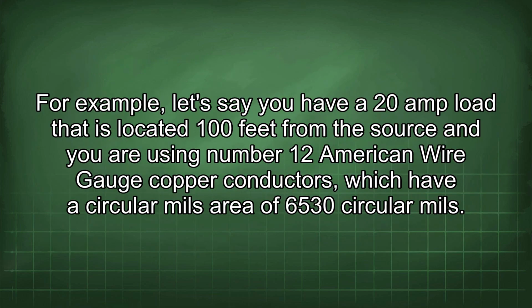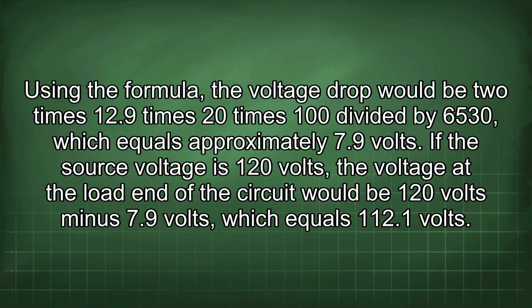For example, let's say you have a 20 amp load that is located 100 feet from the source and you are using number 12 American wire gauge copper conductors, which have a circular mils area of 6,530 circular mils. Using the formula, the voltage drop would be 2 times 12.9 times 20 times 100 divided by 6,530, which equals approximately 7.9 volts.